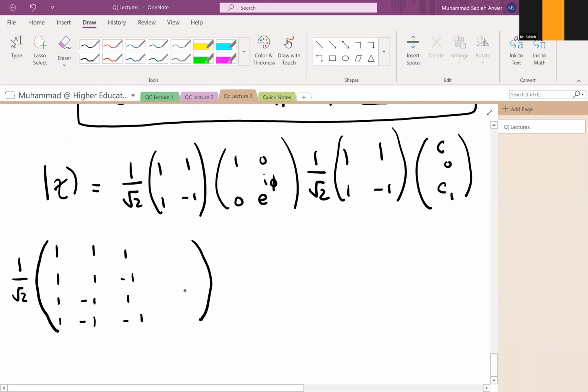Now one can see whether this is a Hadamard matrix or not. So one can write different kinds of matrices and investigate whether they are Hadamard or not. So we can have a 4 by 4 matrix, a 2 by 2 matrix, and so on.